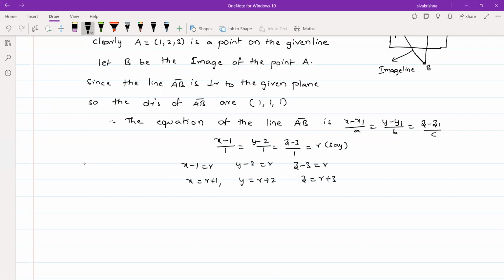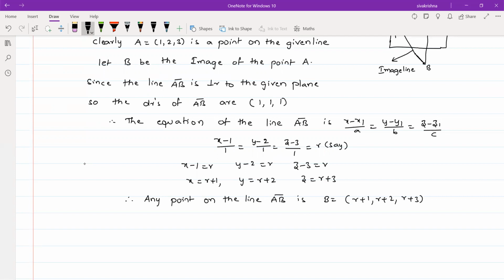So therefore we can write any point on the line AB bar. I am naming that any point as B, and that B is equal to (r plus 1, r plus 2, r plus 3).